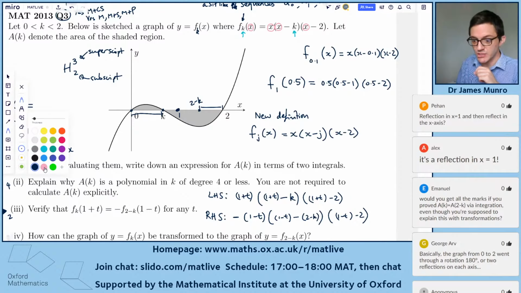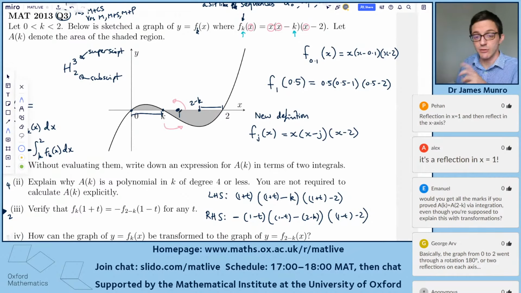I don't think you were supposed to spot this for the question, but the reason that all of this weird algebra works out is that the thing that's being described is just a rotation about this point by 180 degrees.